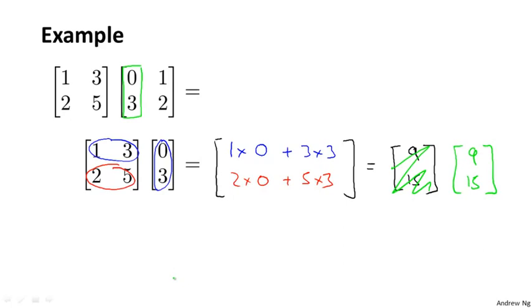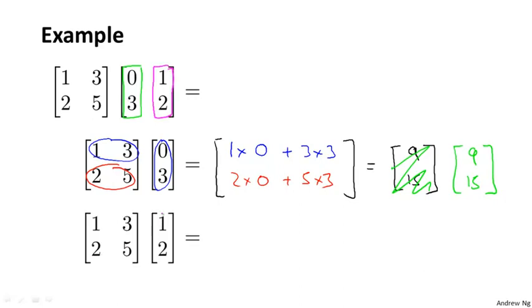and then next I'm going to pull out the second column of this and do the corresponding calculation. So that's this matrix times this vector 1 2. Let's also do this quickly. So that's 1 times 1 plus 3 times 2. So just that was that row.